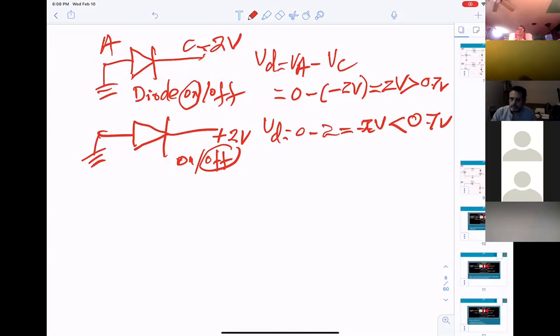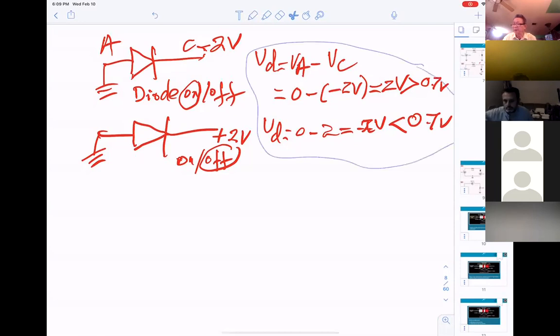Will we ever encounter negative voltage in the field? It depends. When you get a difference greater than 0.7, you say on. That's it. And when the diode is on, what I'm telling you is to take the diode out and substitute a battery.